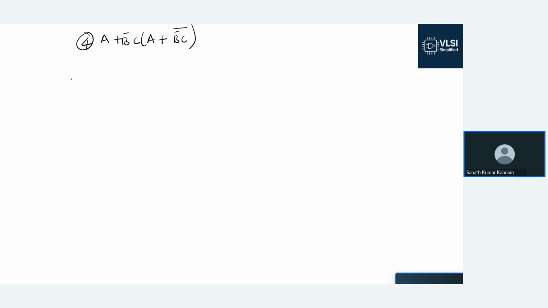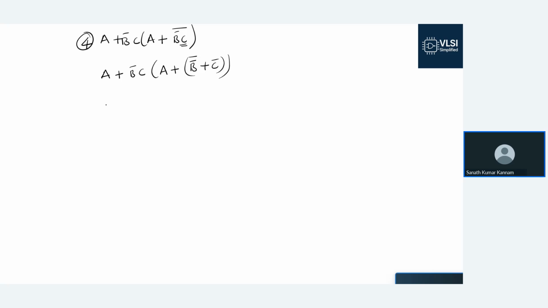Okay, so I need to apply the DeMorgan's law for this one. So first you need to apply the DeMorgan's law. So when you apply, what you are getting, A or B bar C, A or B bar whole bar or C bar. Okay, so B bar whole bar or C bar.